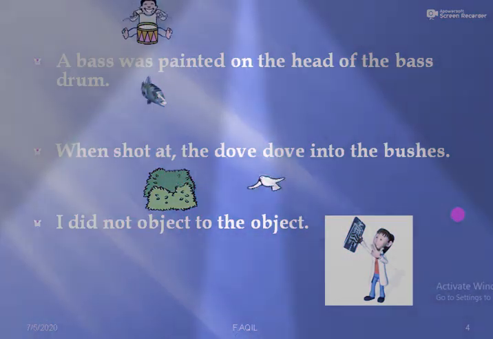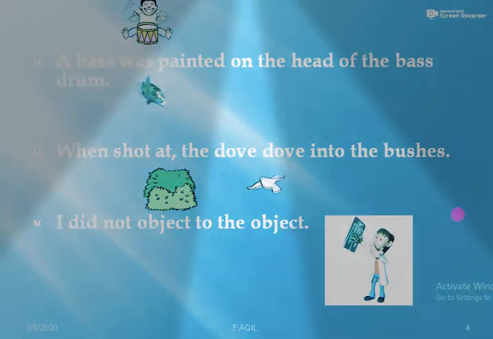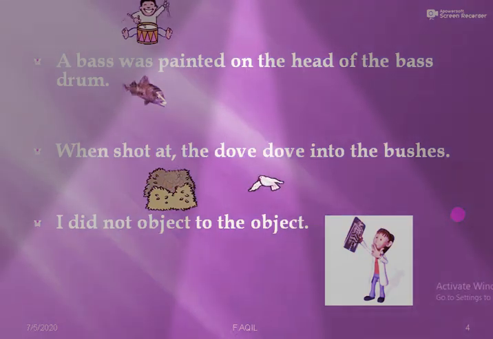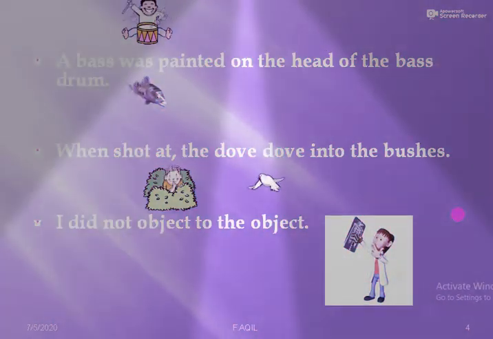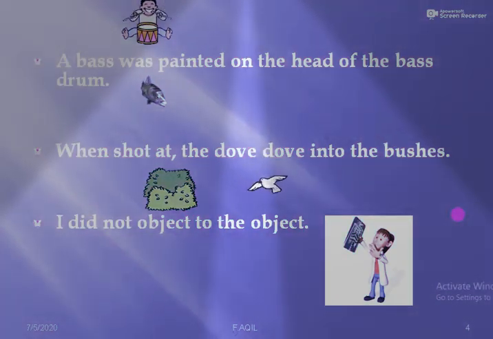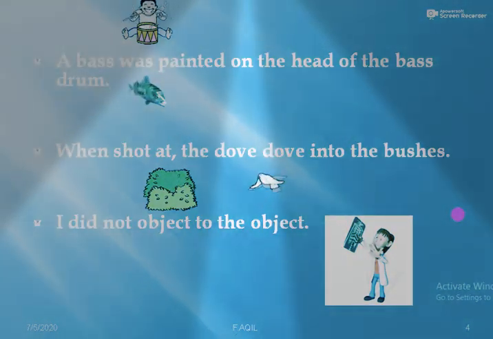Next one is, I did not object to the object. We have two words here, object and object. Now the first one is object. You can see there's a difference in the pronunciation because the toning in the first one, we have to pull it upwards.